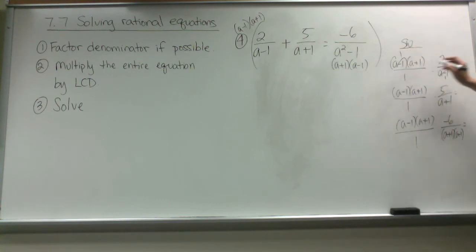The a minus 1's divide out, I'm left with 2a plus 2. The a plus 1's divide out, I'm left with 5a minus 5. And this denominator divides out with this numerator, and we get negative 6.